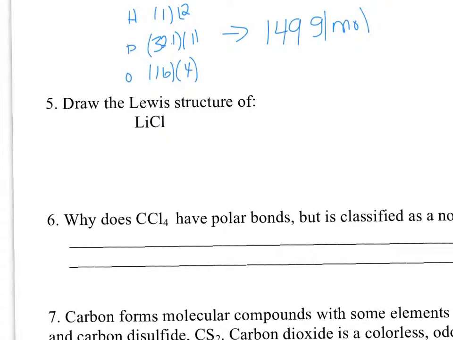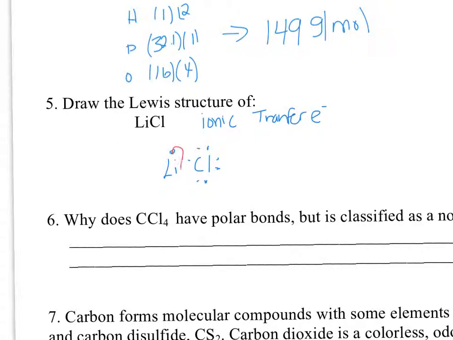All right, number 5, drawing the Lewis structure of LiCl and NH3. So let's do LiCl first. This is ionic. That means we have a transfer of electrons. And so that means I have Li, which starts out with 1 electron. And then I have Cl, which has 1, 2, 3, 4, 5, 6, 7.